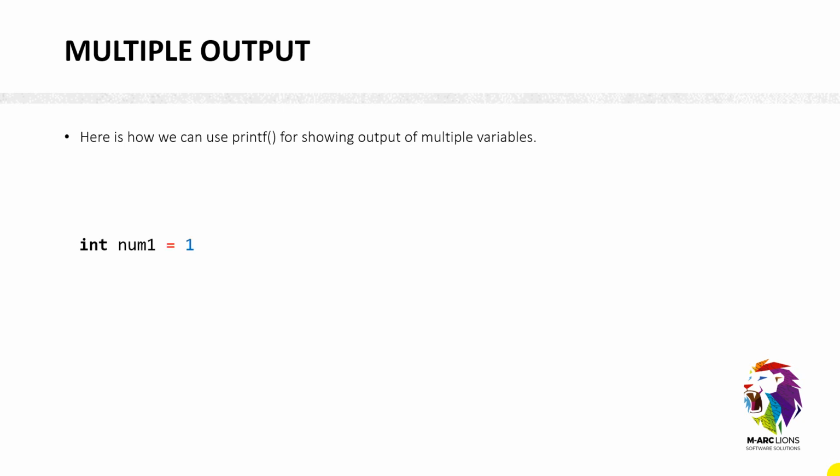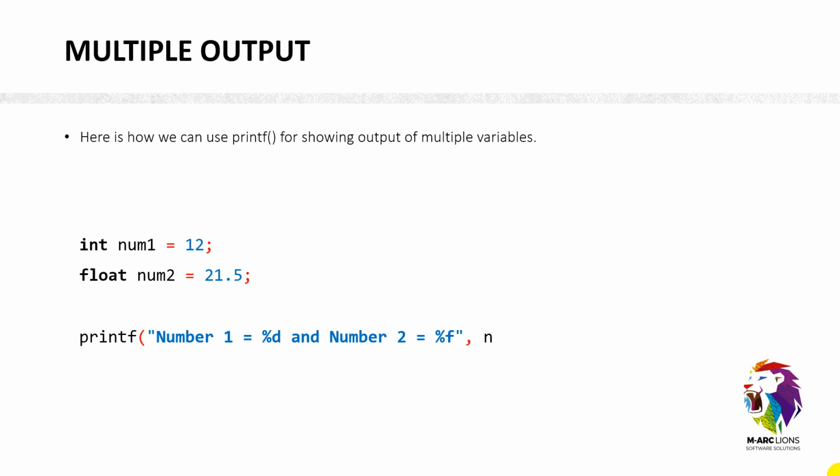But here we are going to use one printf statement for both, with different data types. Integer number 1 is 12, float number 2 is 21.5, and this is the syntax. Let's have a demo of it.